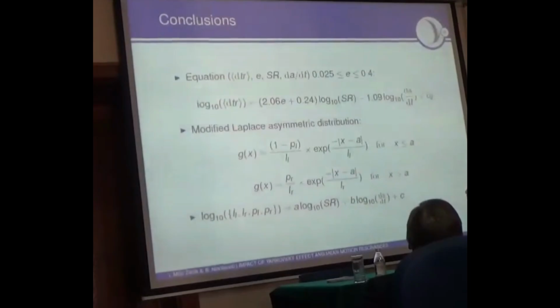Conclusions: this is the first general equation between eccentricity, center of resonance, Yarkovsky drift speed, and the time objects spent in mean-motion resonances. Also, for this range, eccentricity is variable. And this is the second main result about this asymmetric distribution function.